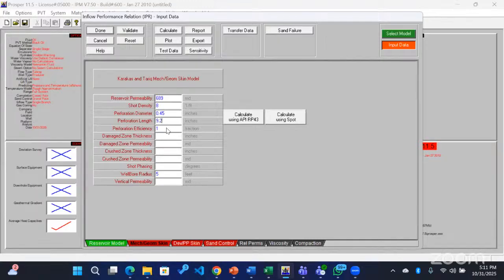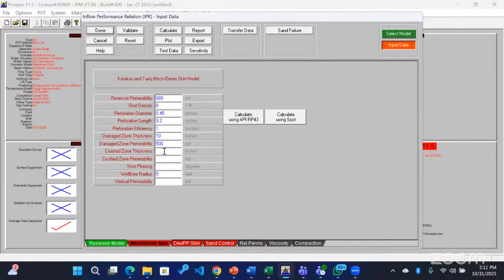Perforation efficiency, let's assume we have a very perfect perforation, so sticking with 1. And the damage zone thickness, let me just put 500. No, excuse me, damage zone thickness, let's say 10 inches. Then the reservoir damage zone permeability around 500.